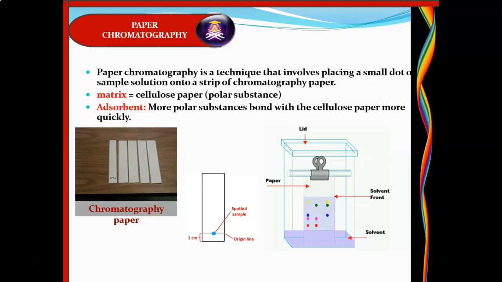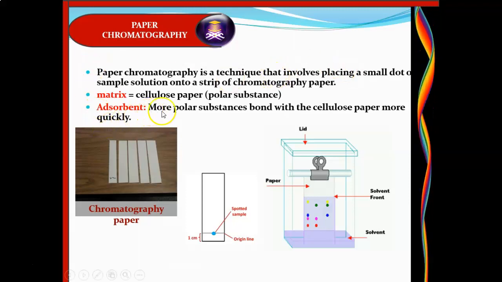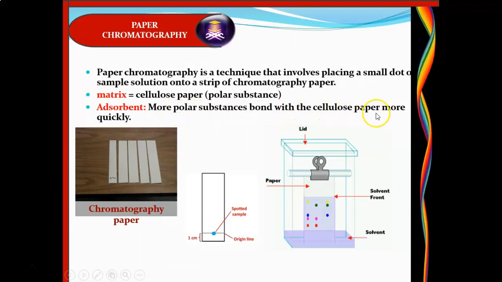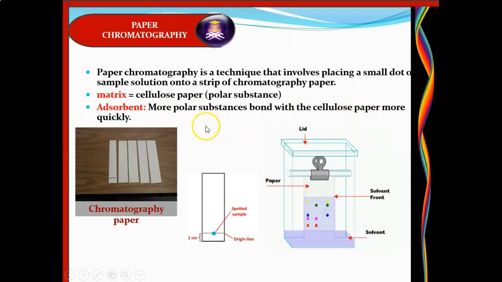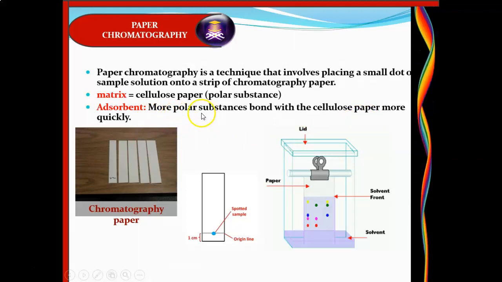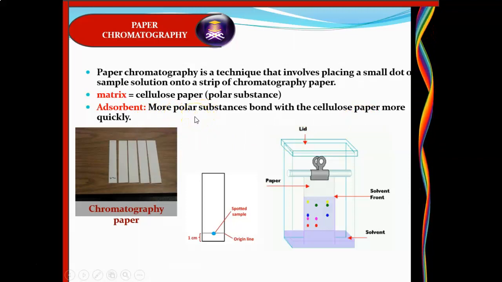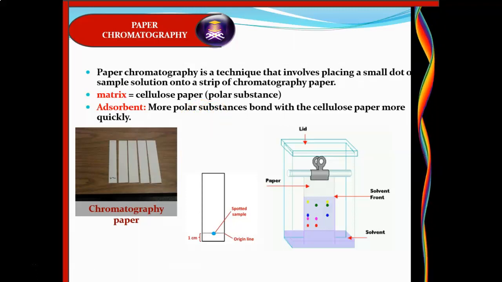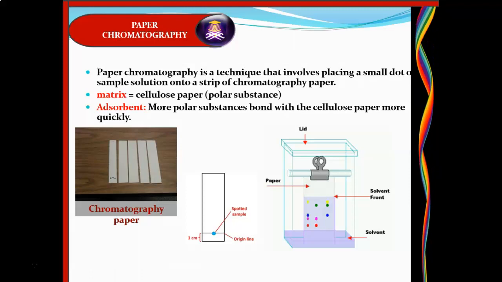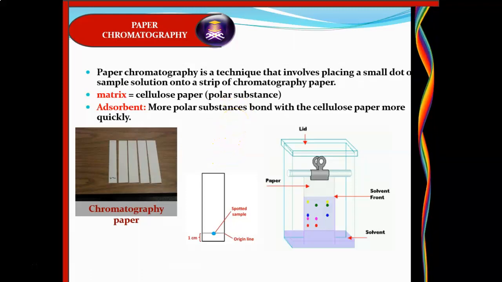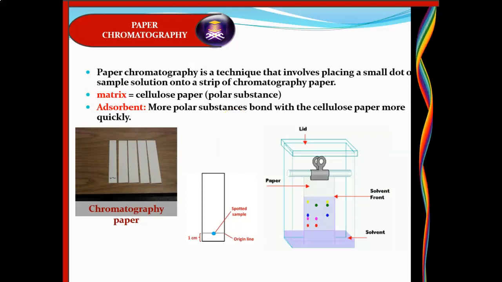So the more polar substance bonds with the cellulose paper more quickly. It means that if the substance is polar, it will interact or bond with the paper strip more, and it will spend more time in the paper strip.